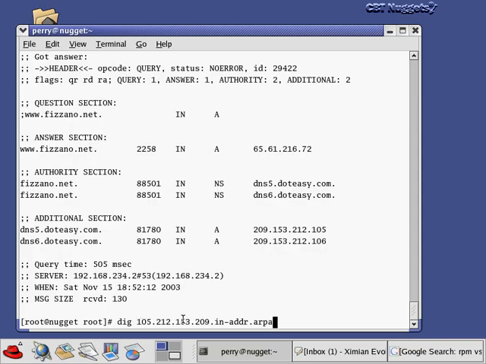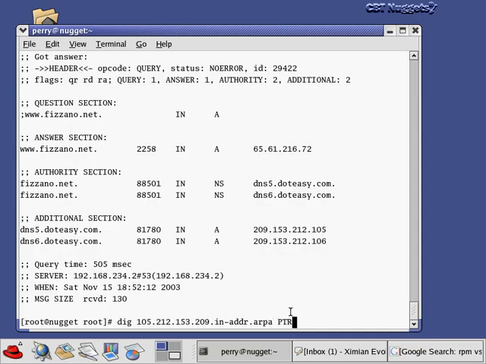Anytime you want to do what's called a reverse lookup, where we're putting in the IP address and we want to get the name, you put that IP address in backwards, then you append .in-addr.arpa to that. The other thing that we have to give to the dig command is what resource record we want from this particular thing. When it goes back to look up this thing, we want the pointer record.